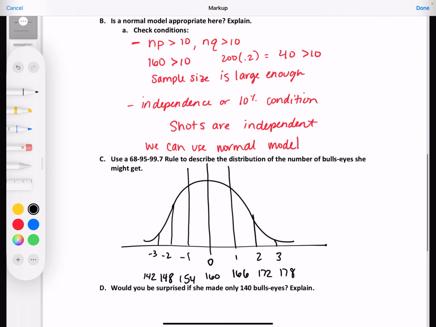And so within 1 standard deviation is the 68%. 2 standard deviations away is 95%. And then 3 standard deviations away is the 99.7%.